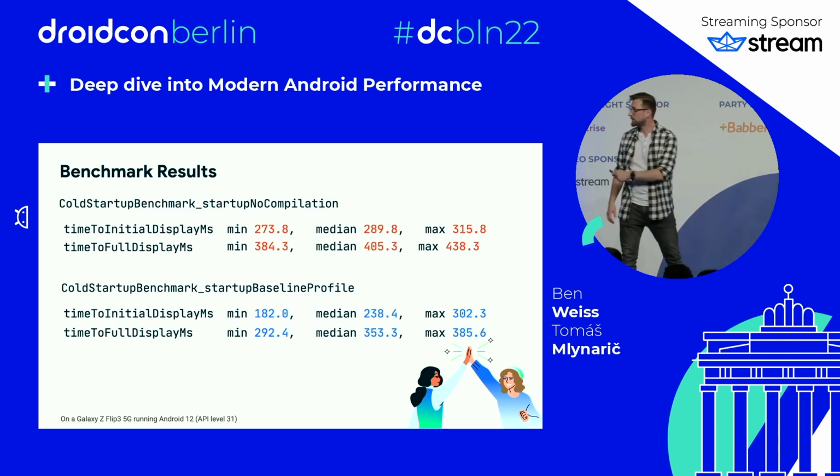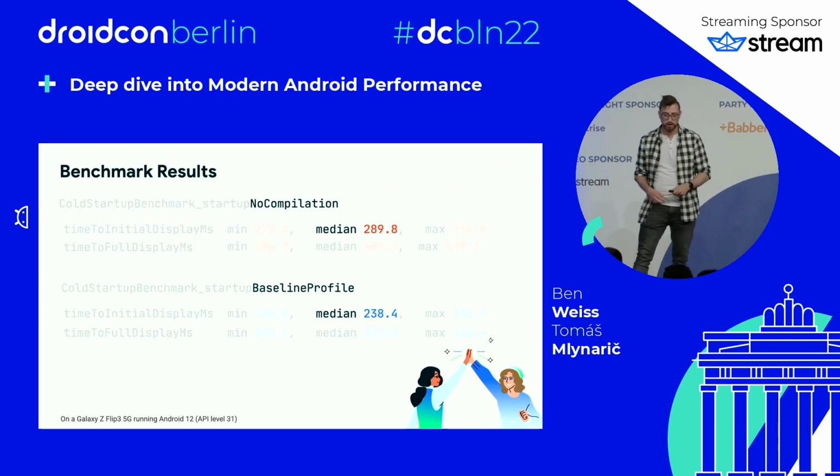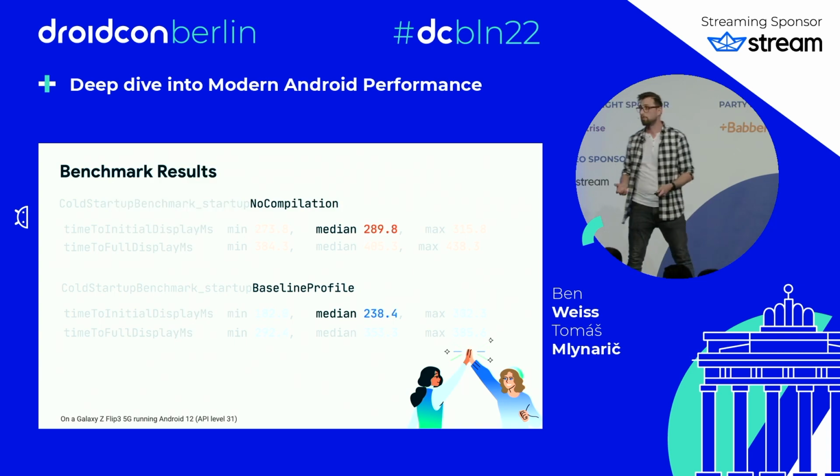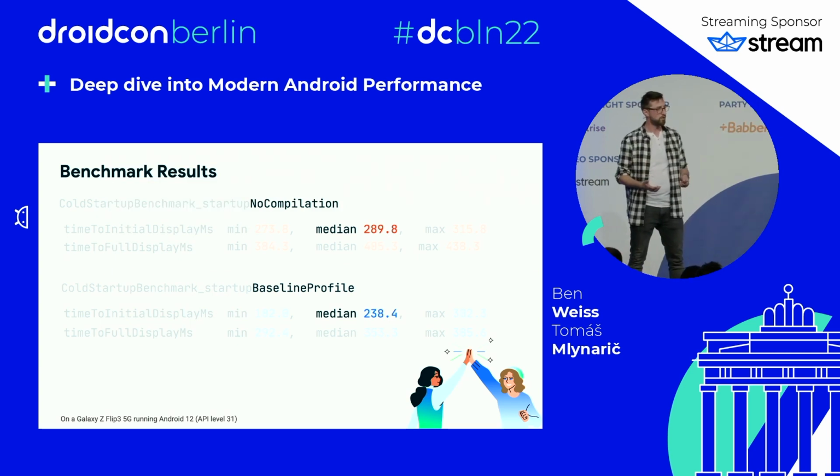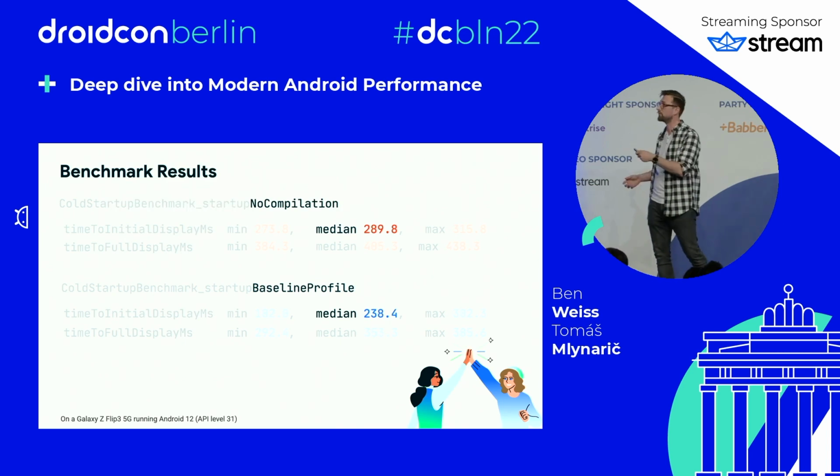So here we can see that for the time to initial display, the baseline profiles, the one that we run with compilation mode partial, took 15 milliseconds shorter than without it, which is like 21% improvement just with a couple of lines of code.